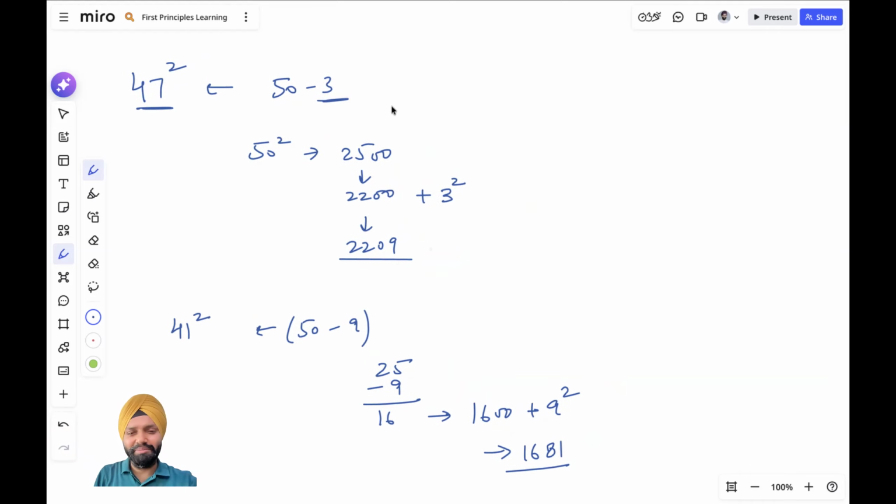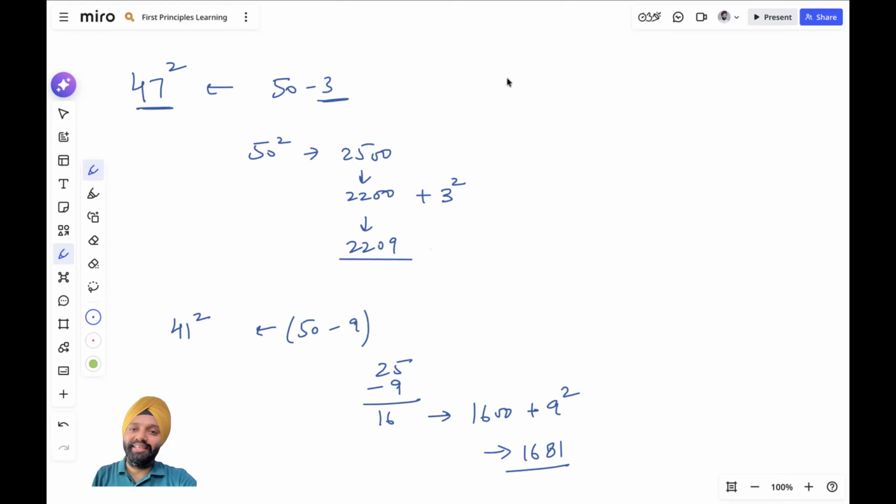How does it make sense that it's 3 away from 50, so you subtract 3 from 25? Why does this even work, and does it work consistently? And if it works consistently, then why is it working? From where is it coming?